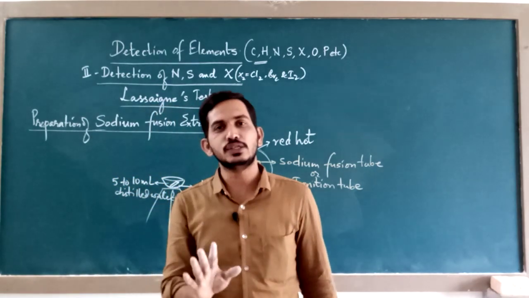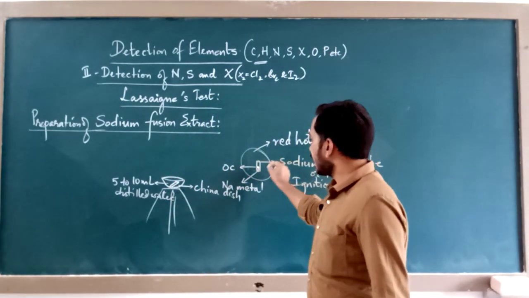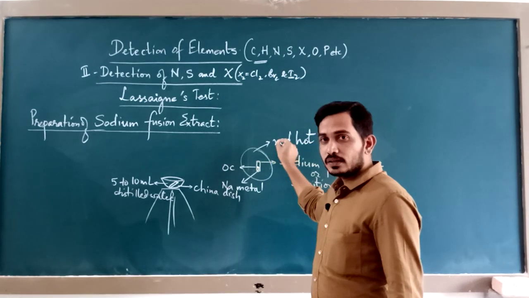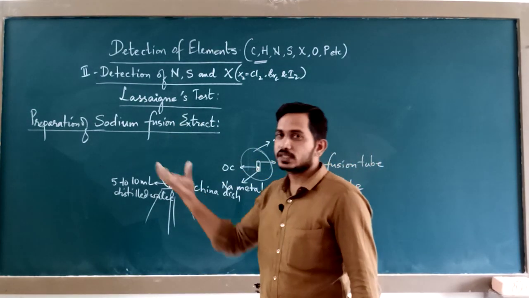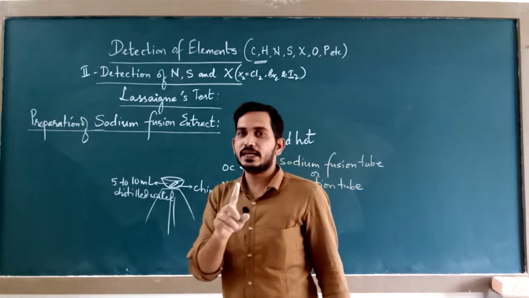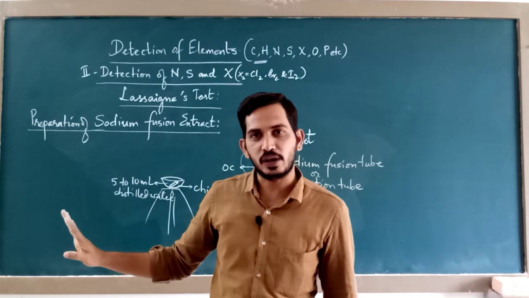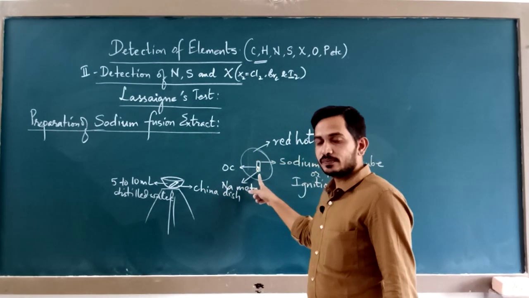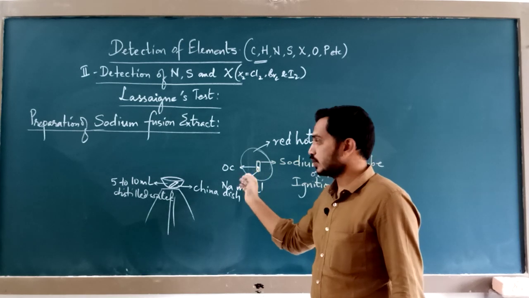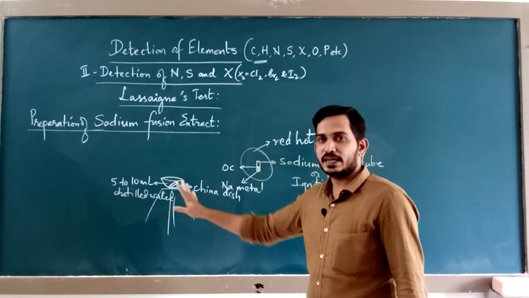You heat the ignition tube strongly until it becomes red hot, and the red hot ignition tube is immediately plunged into a china dish which should already contain 5 to 10 ml of distilled water kept for boiling. Means simultaneously, while you are heating the sodium fusion tube, on the other side you should keep some water for boiling in a china dish.